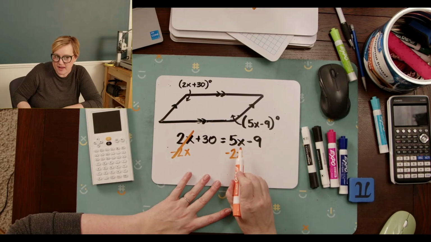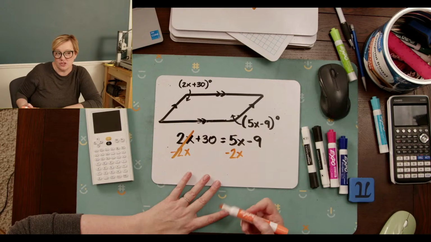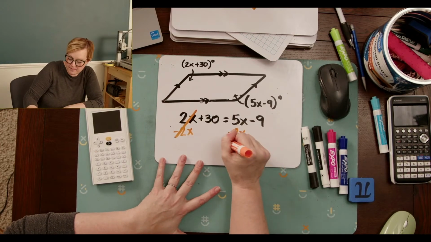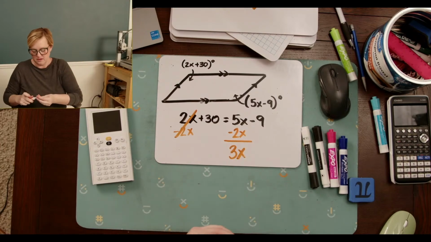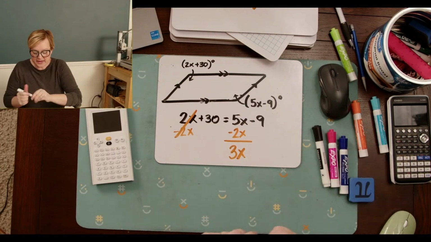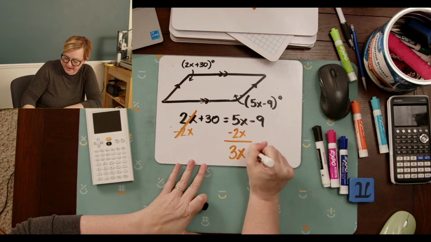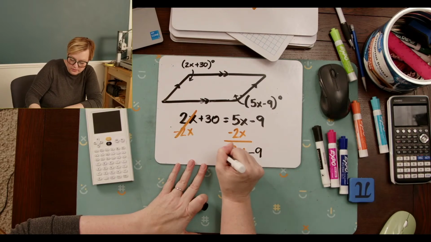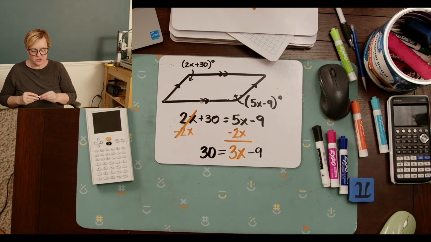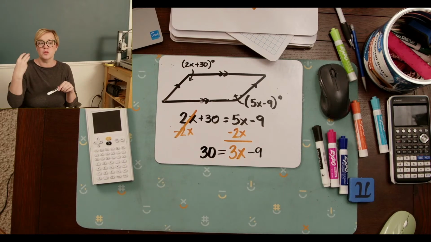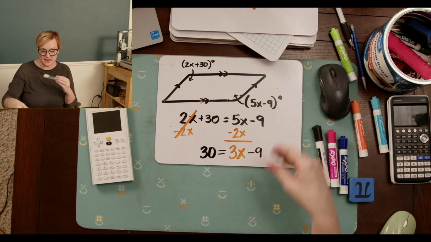So if I have 5x's on this side and I take away 2x, then what I'm left with is 3x's, okay? Now nothing has changed with this minus 9. The equal sign is still there and the 30 is still there, right? So now I've got 30 equals 3x minus 9.